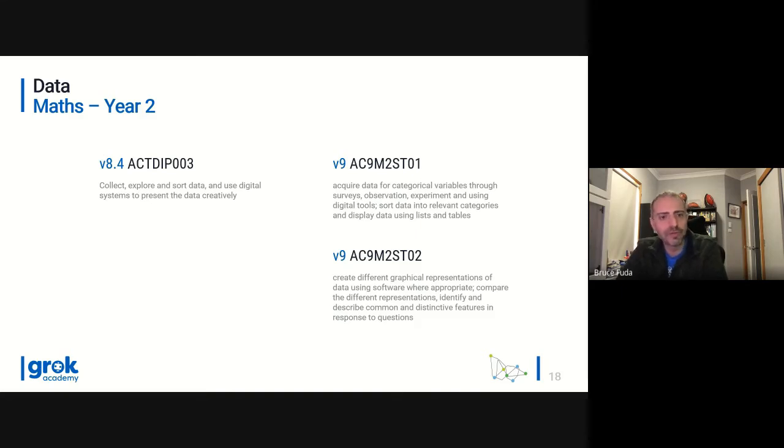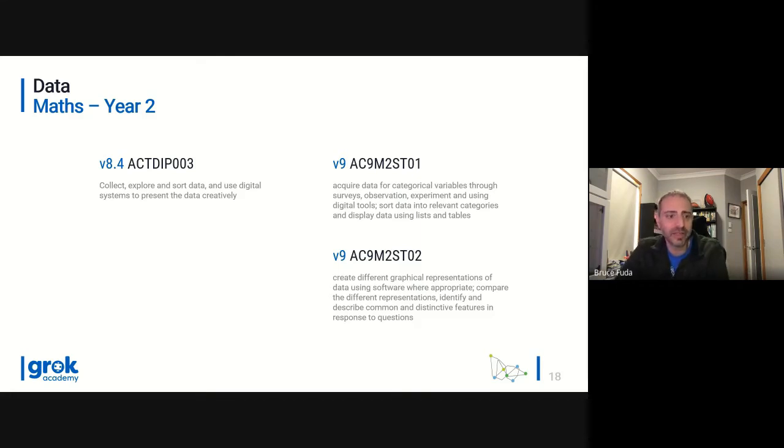We said we were going to have a look at maths. Here's an example of the old content description from digital technologies in year 2, where we had collect, explore, and sort data and use digital systems to present the data creatively. If we were splitting that up, you'd have two there: collect, explore, and sort, and then presentation as a separate one.